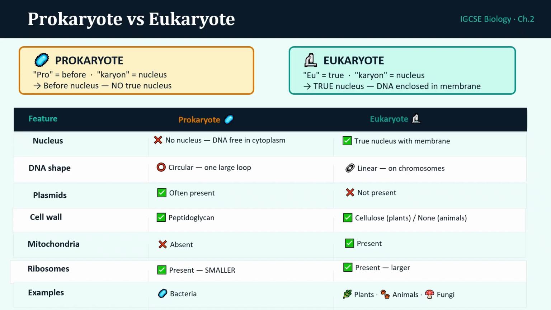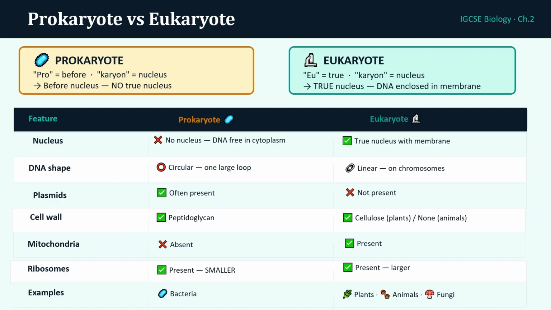Now look at the comparison table. If we talk about the nucleus, prokaryotes have no nucleus, DNA floats freely, but eukaryotes have a true nucleus with a membrane surrounding it. Look at the DNA shape. Prokaryotes have smaller circular DNA, one large loop, but eukaryotes have linear DNA arranged on chromosomes inside the nucleus.